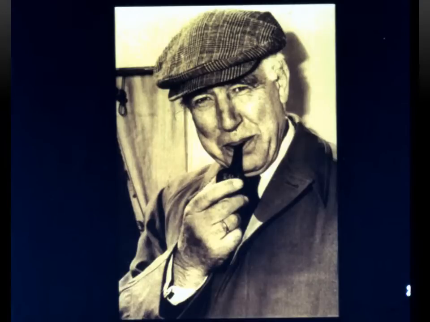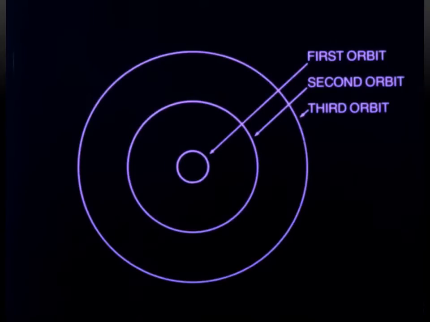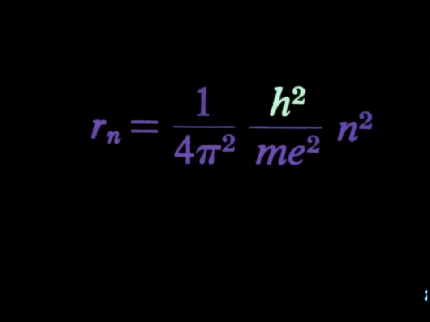Niels Bohr was responsible for the next step in developing quantum theory. In 1913, he applied the concept of quanta to the atom. In the Bohr atomic model, the electrons were confined to certain specific orbits. The radii of these quantum orbits were determined by Planck's constant, h.